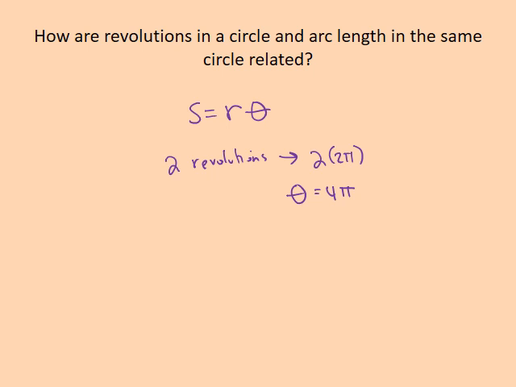Now, if our radius was 10 centimeters, the arc length would be 10 centimeters times 4 pi radians. So our arc length would be 40 pi centimeters.